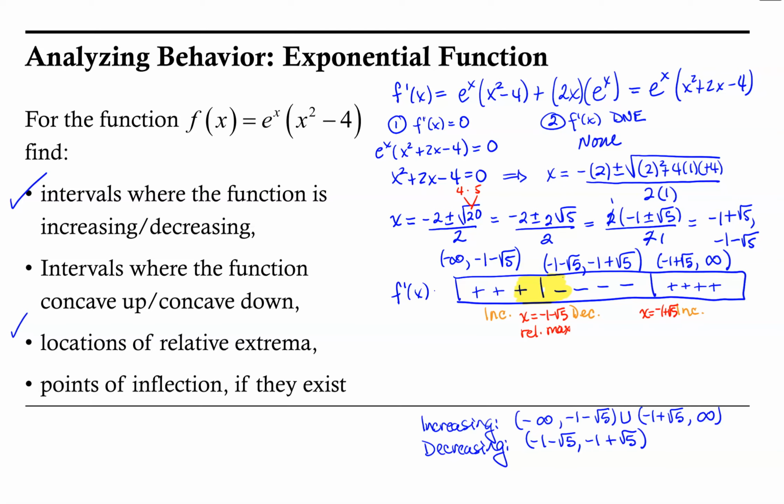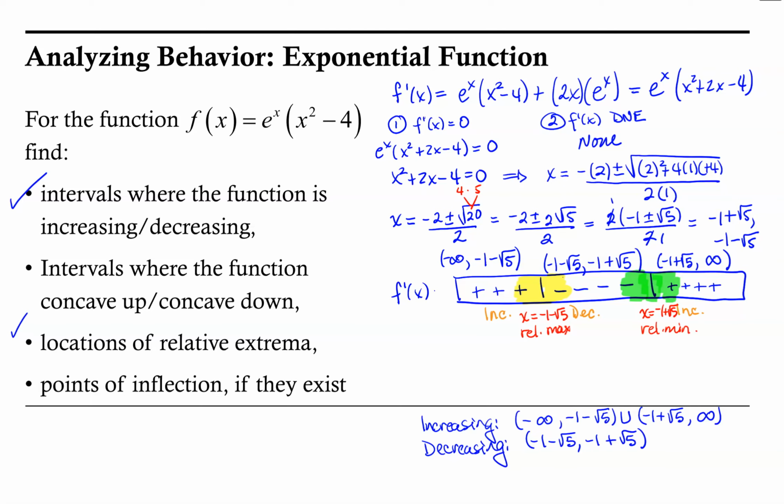We're going from increasing to decreasing. And then at our other critical point, at -1 plus square root of 5, we can see that our function is going from decreasing to increasing, and this indicates the presence of a relative minimum by the first derivative test.